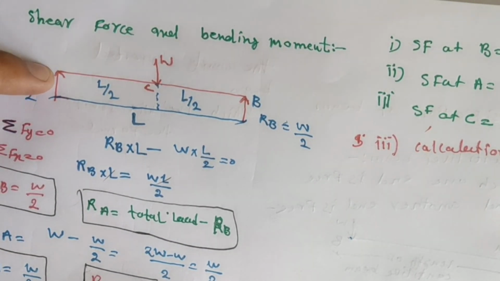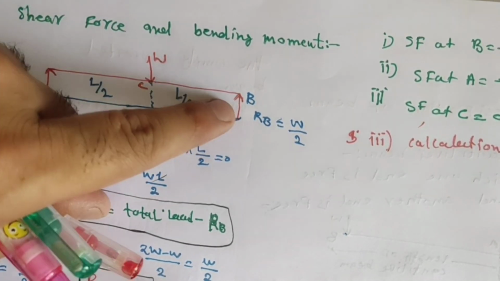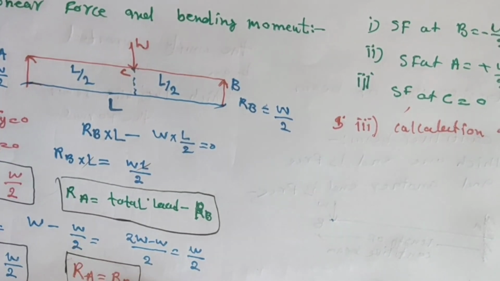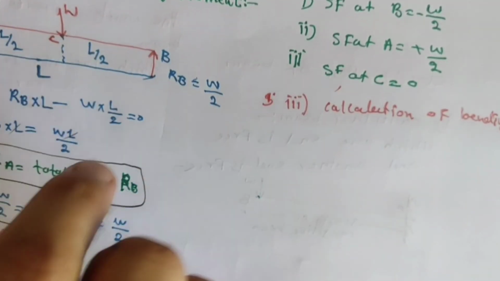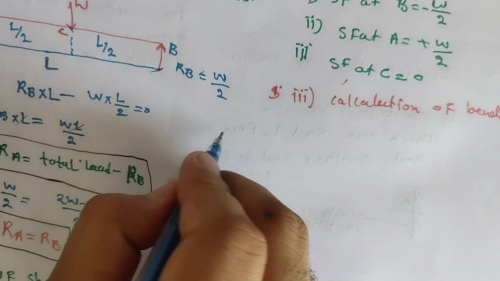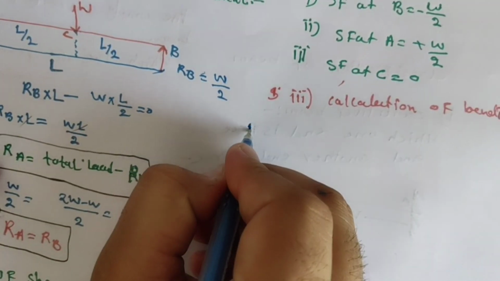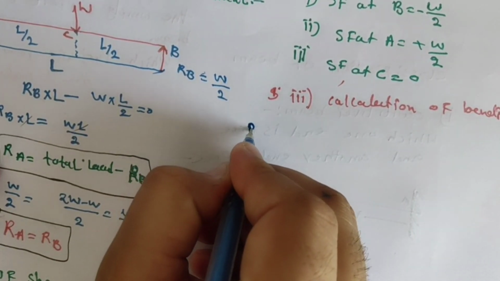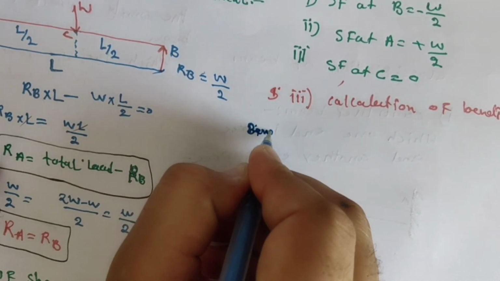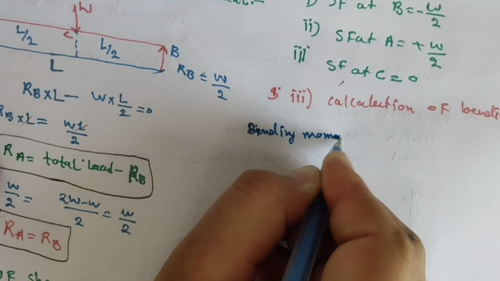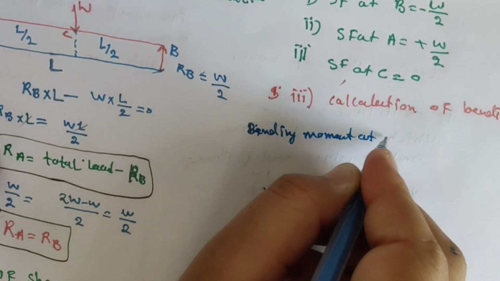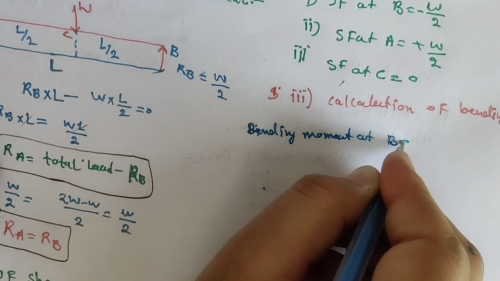At the support the bending moment will be 0. Please remember this point. Bending moment at B is equal to 0.